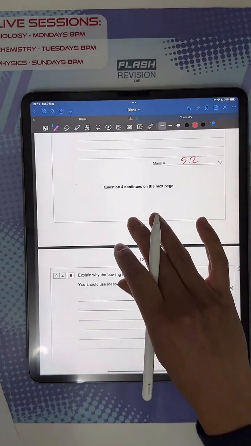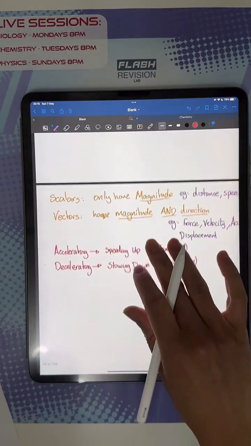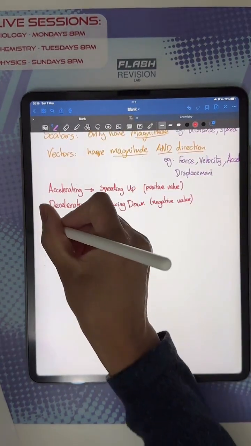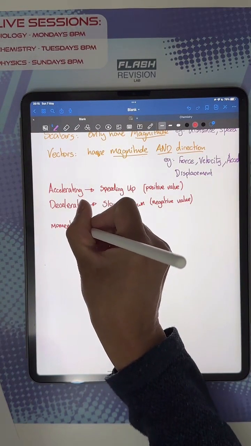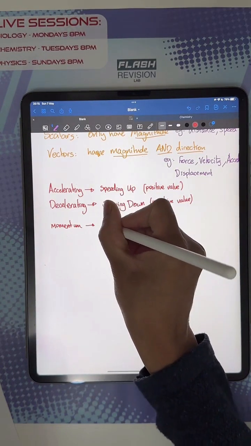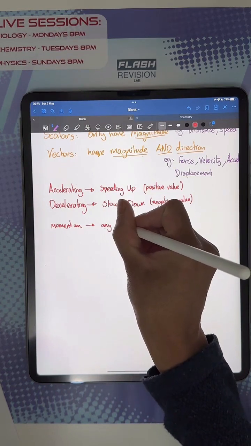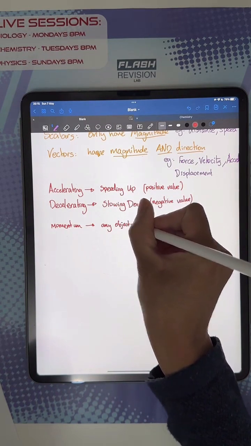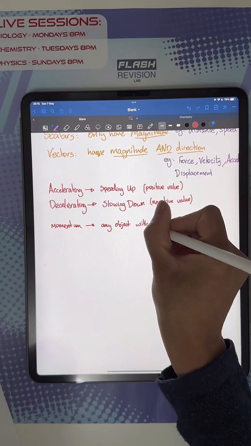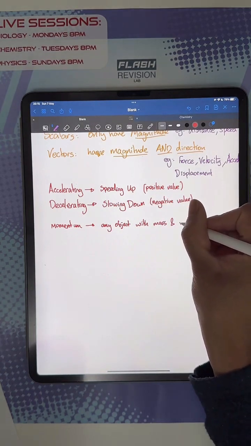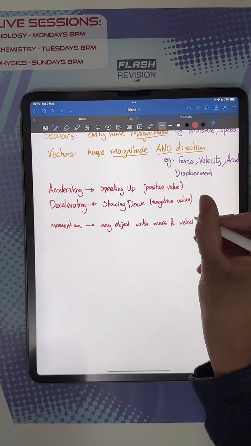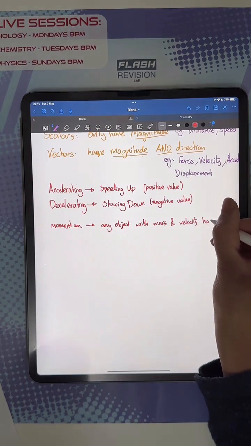So momentum is mass times velocity. Any object that's moving has momentum. So any object with mass and a velocity has a momentum.